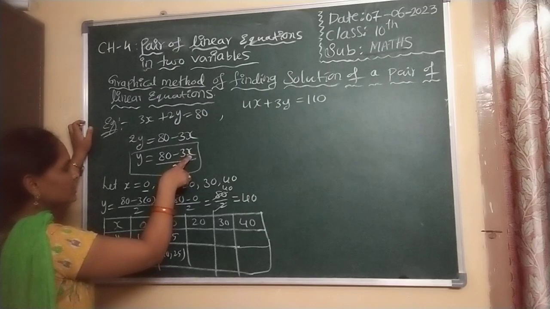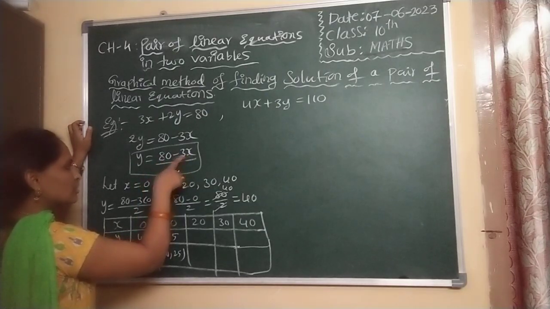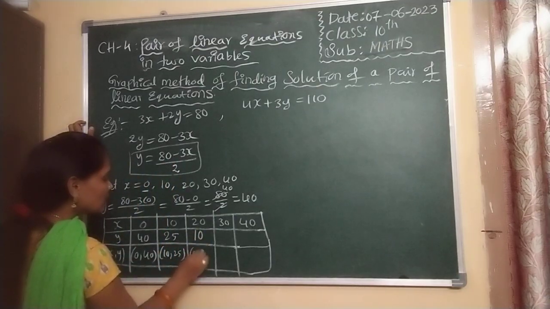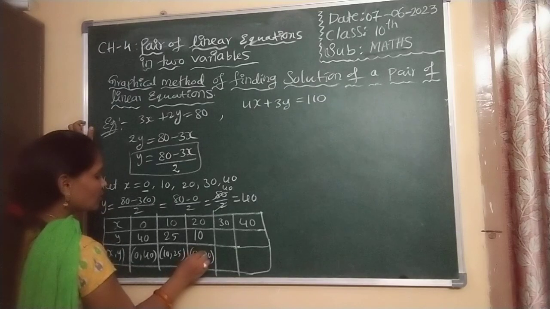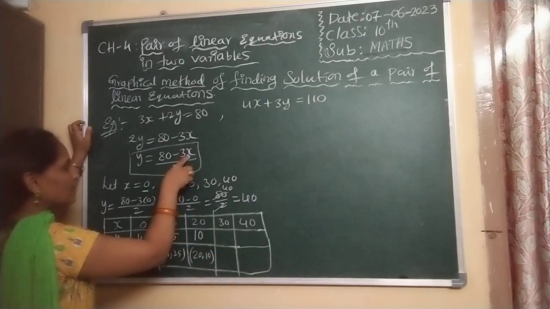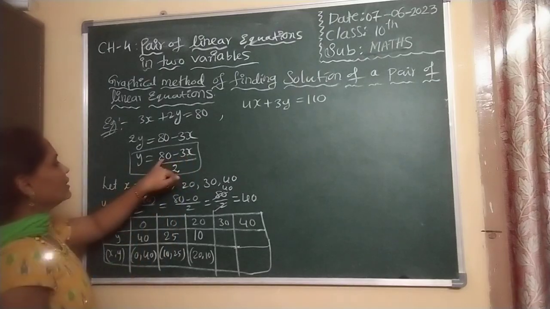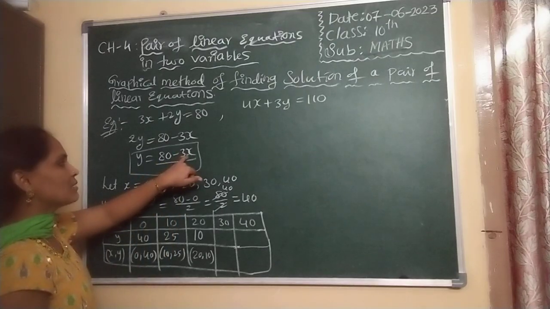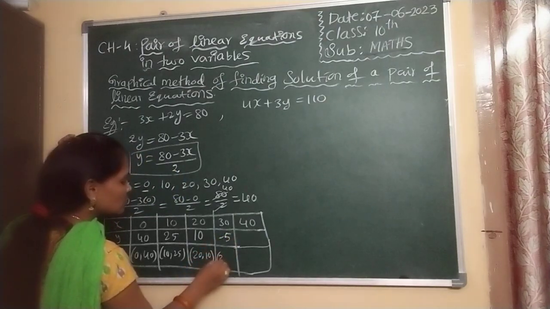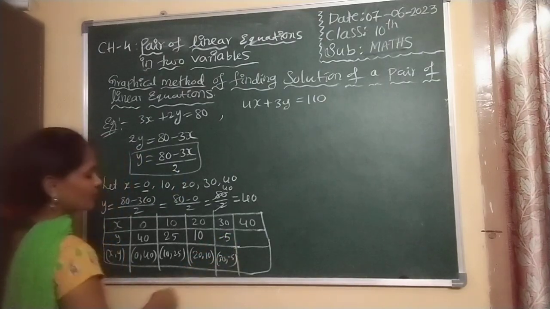If you substitute, 20 into 3 is 60. 80 minus 60 is 20. 20 by 2 is 10. So 20 comma 10. Next, 30. 30 into 3 is 90. 80 minus 90 means minus 10. Minus 10 by 2 means minus 5. So 30 comma minus 5.